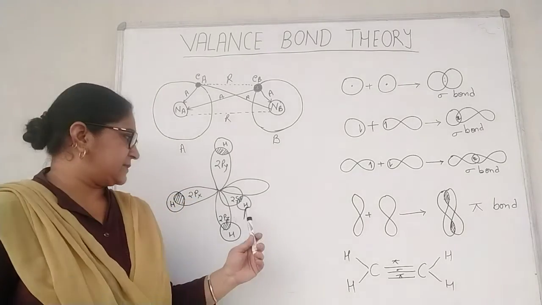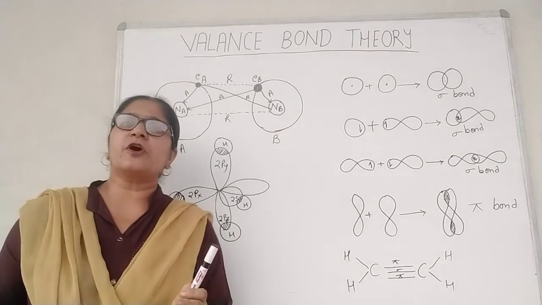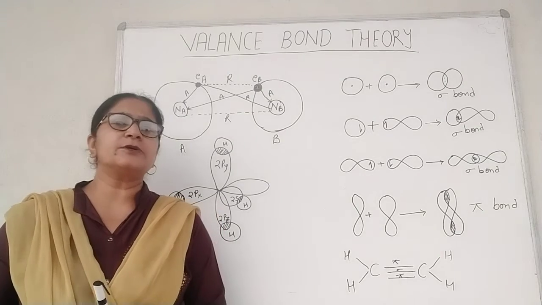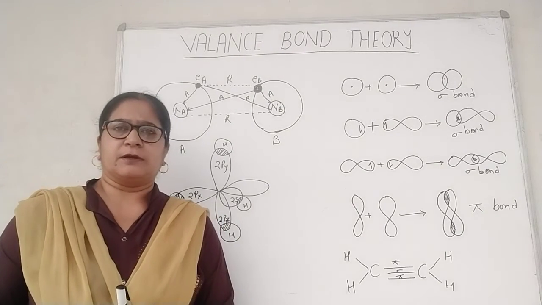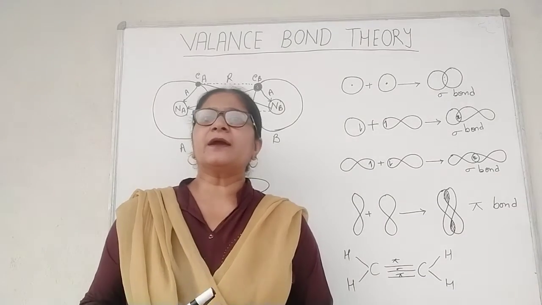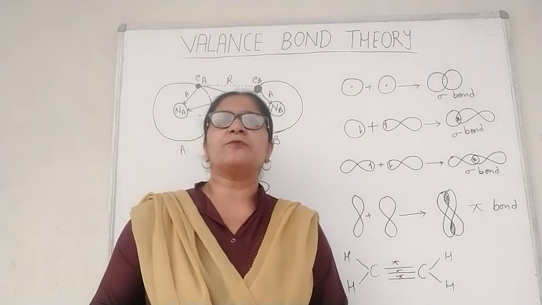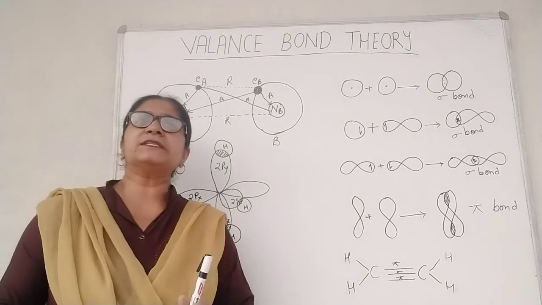The 2s orbital of carbon and the 1s orbital of hydrogen can overlap in any direction since they are spherically symmetrical. Thus, the direction of the fourth bond cannot be ascertained.